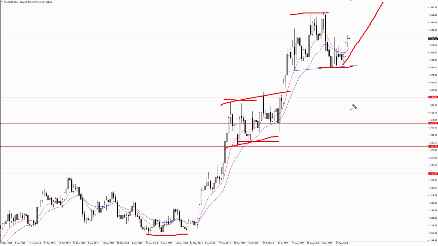However, the pattern that's forming right now on the daily time frame. So notice that we have this swing high and we also have this swing high right here.